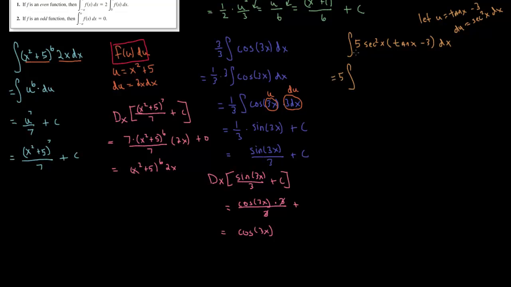So we take that 5 out, and let's just rearrange a little bit. This isn't strictly necessary, but I like the way it looks. Tangent x minus 3 times secant squared x dx. Notice, if this is u, then this is du exactly.